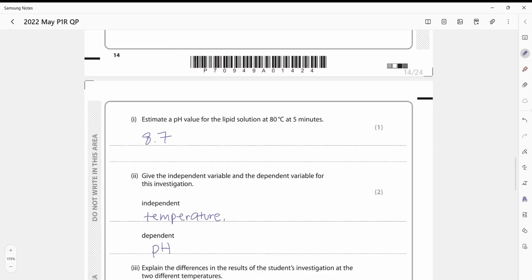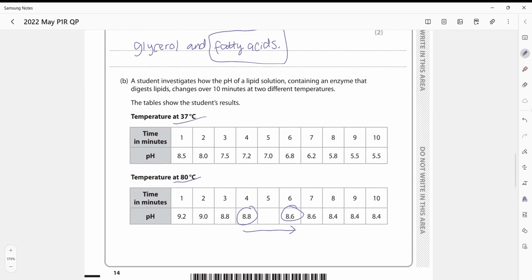Like I mentioned previously, because the digestion of lipids forms fatty acids and that decreases the pH, we can see here that at a temperature of 37 degrees, the pH went from 8.3 all the way to 5.5, so that's a pretty big decrease there.